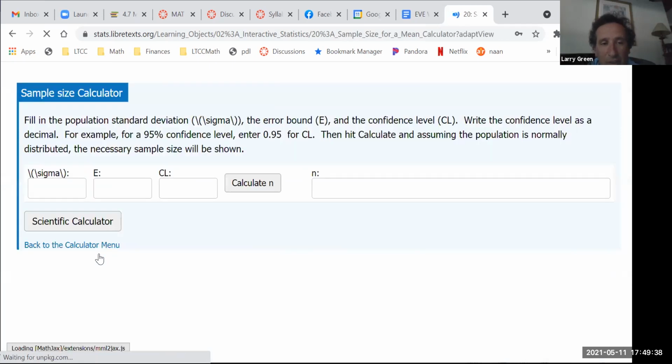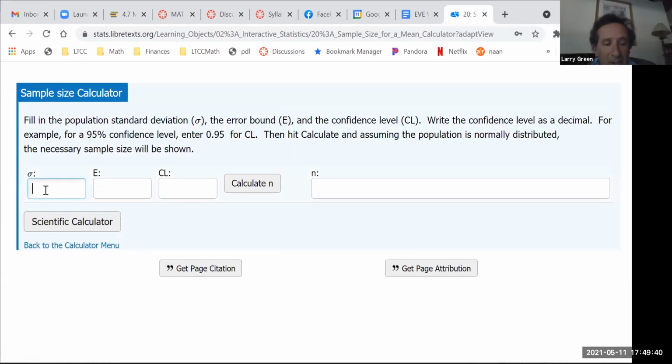So I'm going to do sample size for the mean. Our sigma was 12. Our E was 0.5, 50 cents. And our confidence level was 0.95. And I hit calculate N. And I get 2,213.